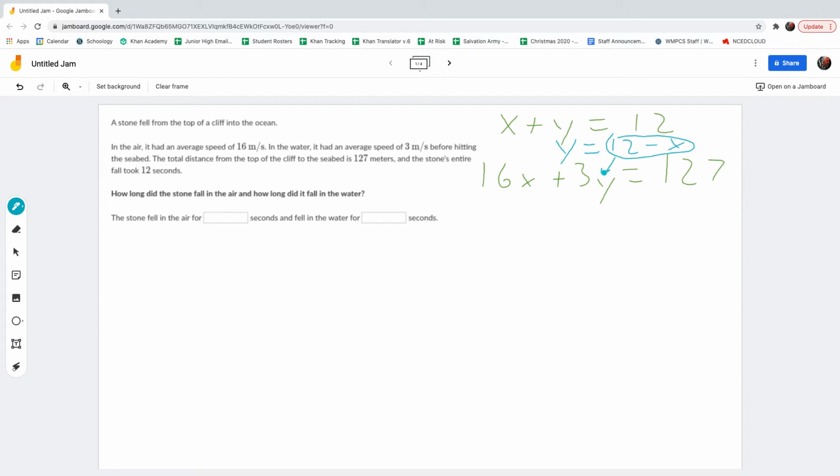Now, when I do that, I get a new equation, all right? I get 16x plus 3 times that expression, 12 minus x, equals 127. Now, when we have that, our next step is to go ahead and do the distributive property.